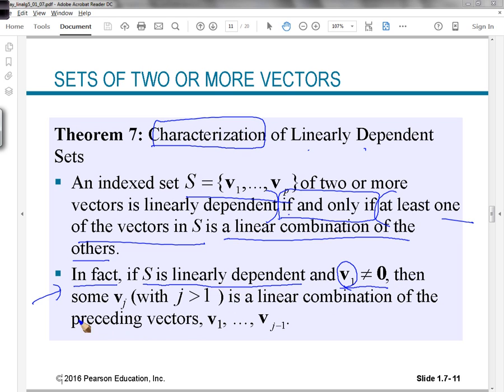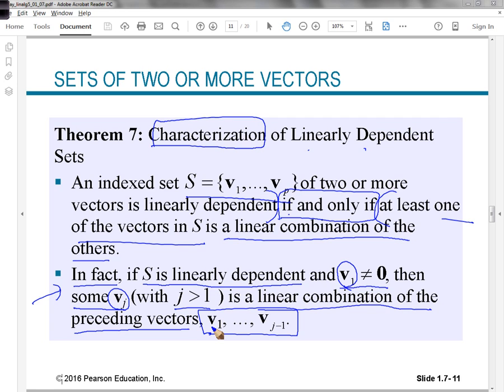And then for some vj, which is more than one, is a linear combination of the preceding vectors, v1 through v(j-1). Okay, so this is actually exactly the same as this finger thing.